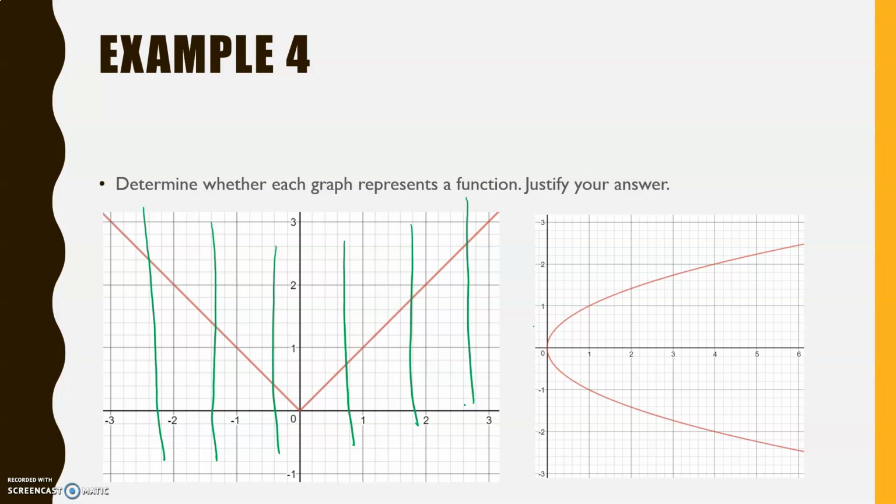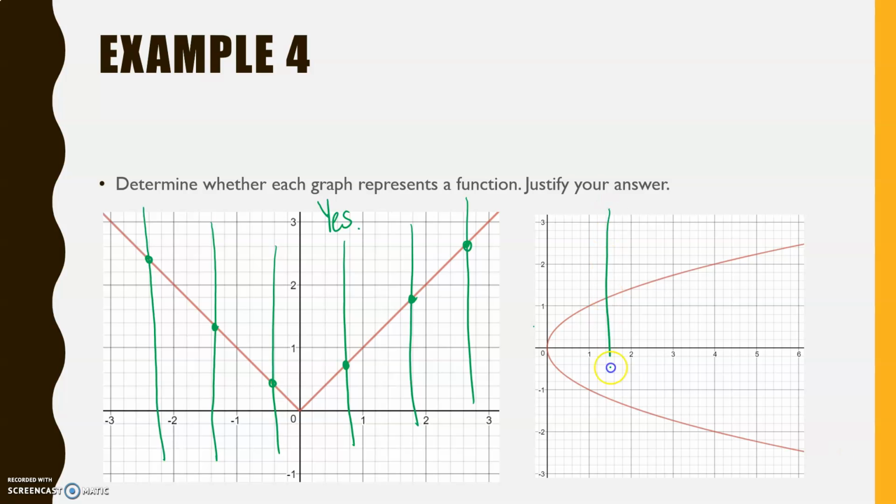I just drew a bunch of vertical lines, and if I check here, here, here, that red line is my graph, and it's only ever crossing those vertical lines at one point. So this one is a function. We can say, yes, it's a function because it crosses at each part of the graph at one point.